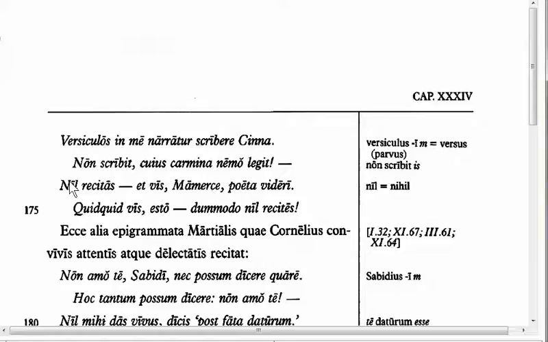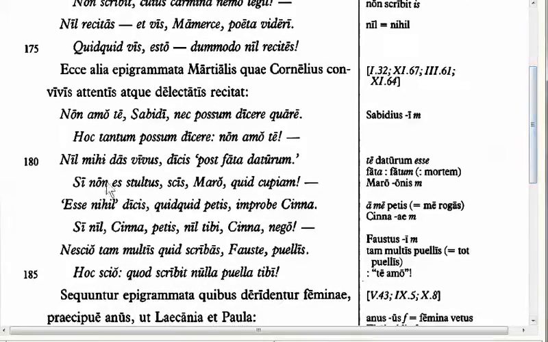The next new feature is in line 180, and we have nil mihi das vivus dicis post fata daturum. So you're giving nothing to me while you're alive, vivus. You say, and it's implied that you're going to give it, te daturum, that you're going to give it post fata, after the fates.